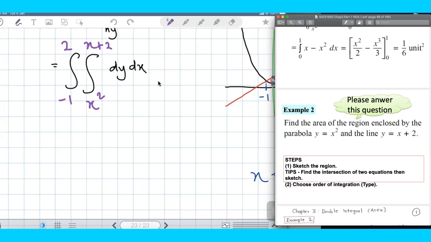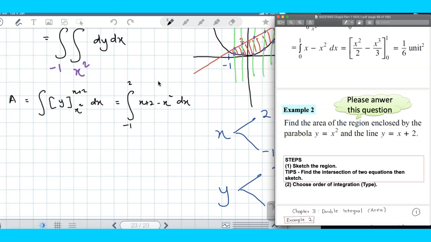Okay, so now we proceed to evaluate the double integral to obtain the area of the region. Firstly, we integrate with respect to y, from x squared to x plus 2, dx. When we substitute, we have the integral of x plus 2 minus x squared dx, from minus 1 to 2. It is a polynomial, so there should be no problem.